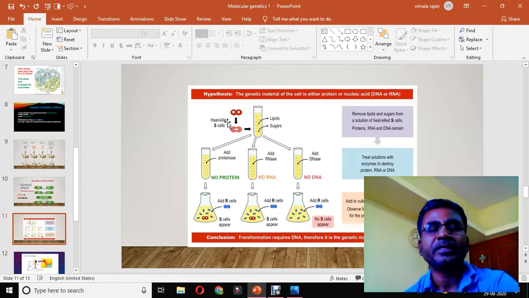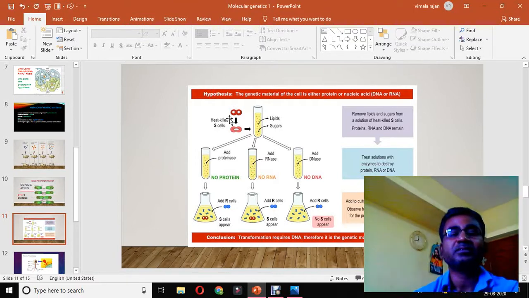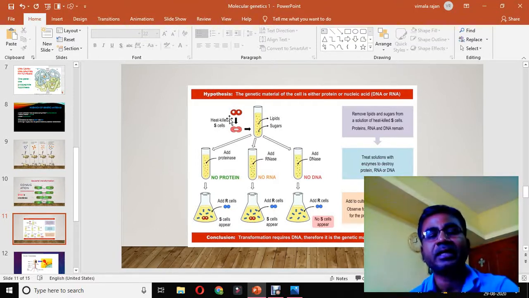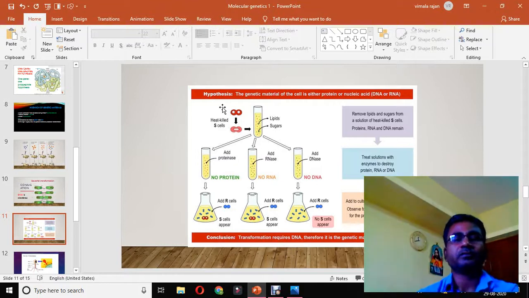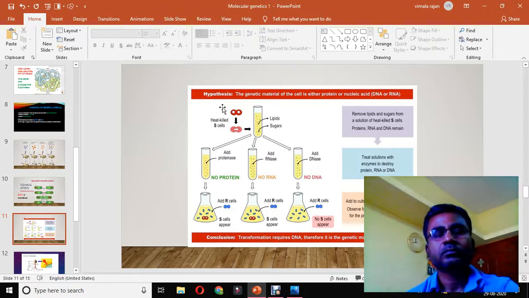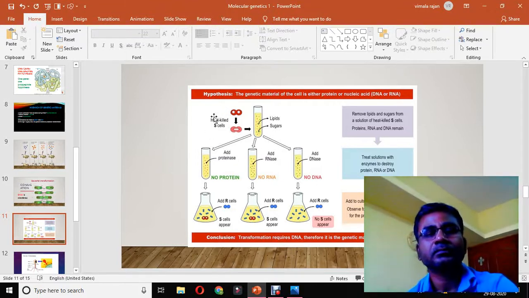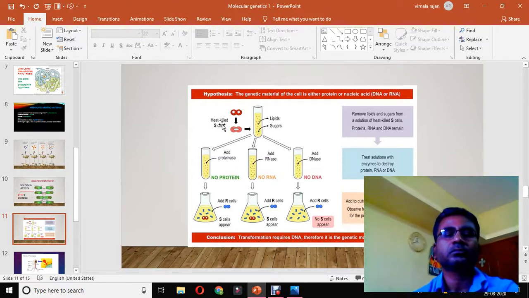Now, for this experiment, they are taking heat killed S bacteria. The S strain is actually virulent, but it is heat killed. Heat killed means it is unable to kill.